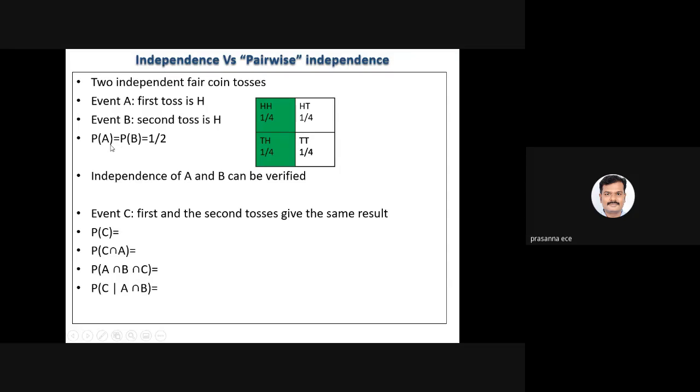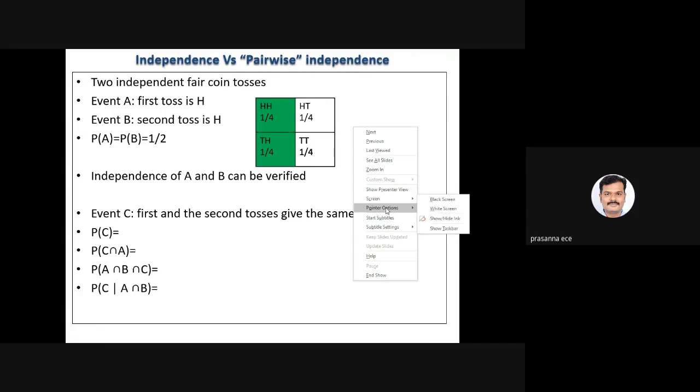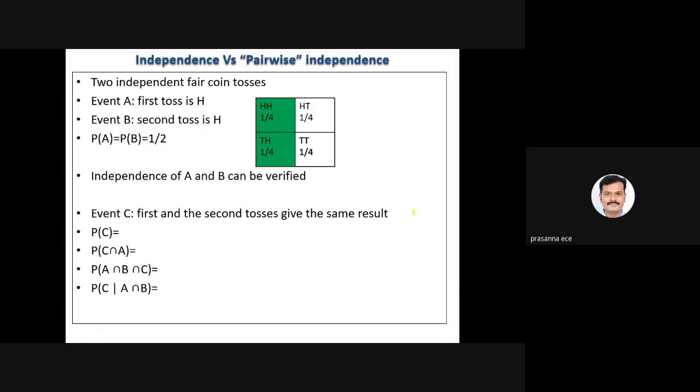Now what is the product P of A into P of B? It is 1 by 4. And if you see the place where these two events overlap, you can observe that that place has a probability of 1 by 4.